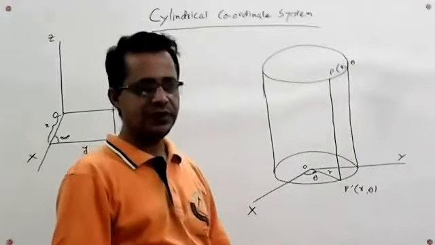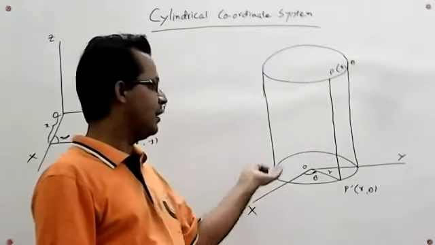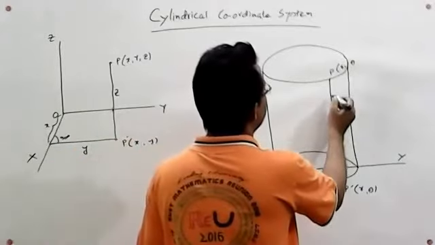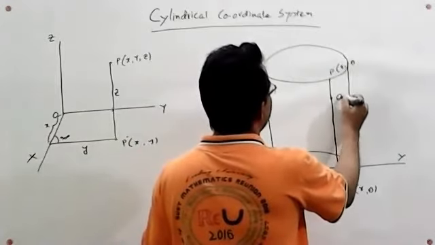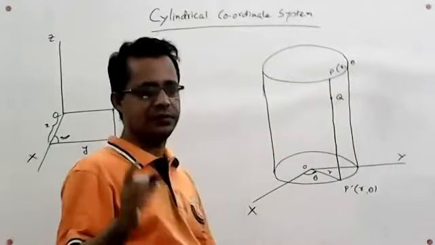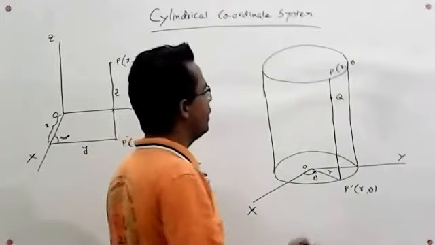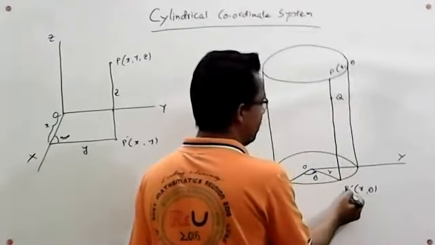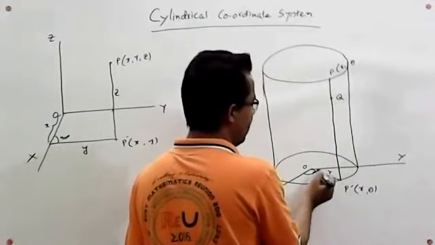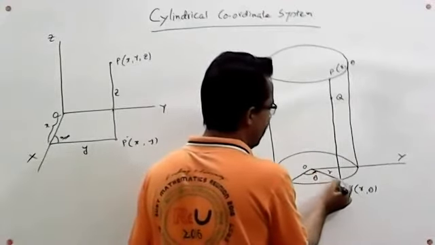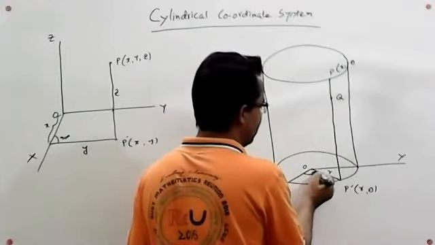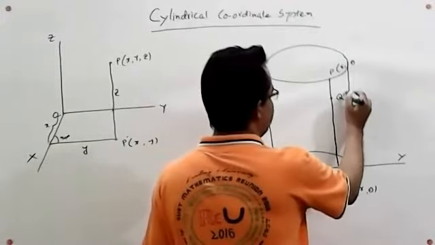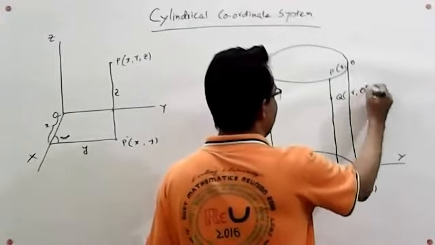But if we analyze this in another way, suppose here is another point Q on the curved surface of the cylinder. Now, if we draw a projected line on the xy plane, then we get the same point P prime, which makes polar distance R and polar angle theta similar to the previous point. So we can say that the coordinate of Q will be R and theta.